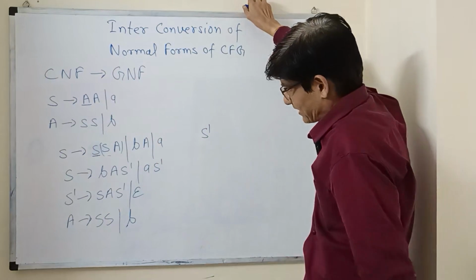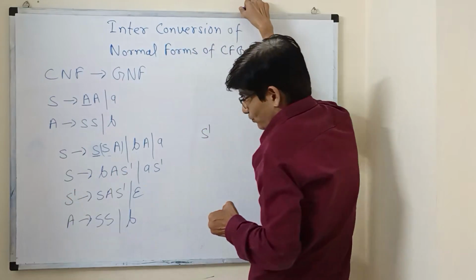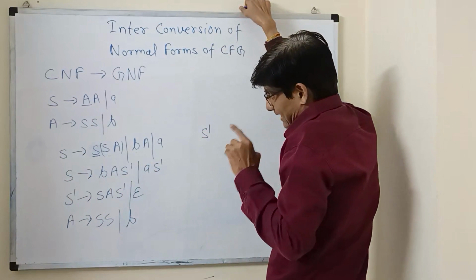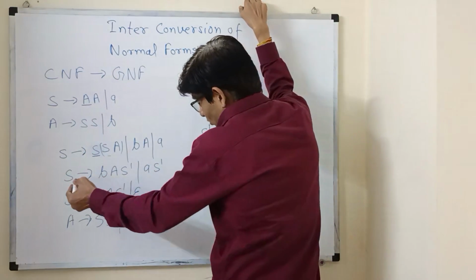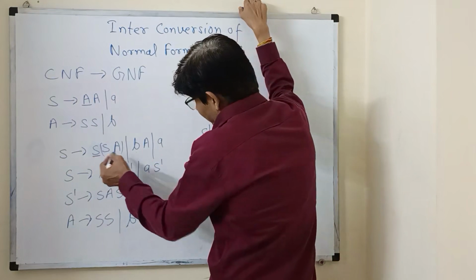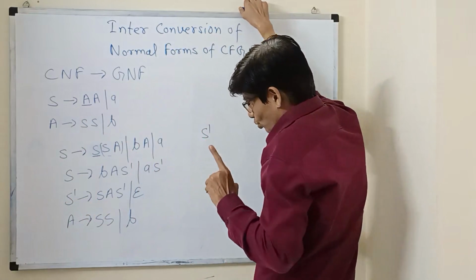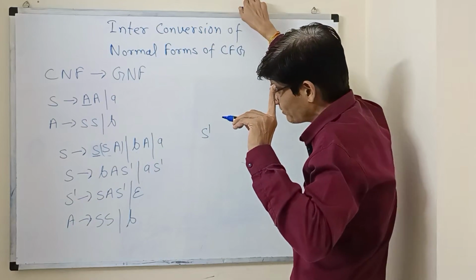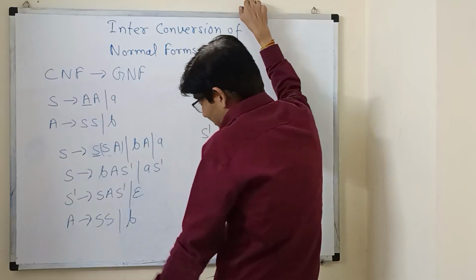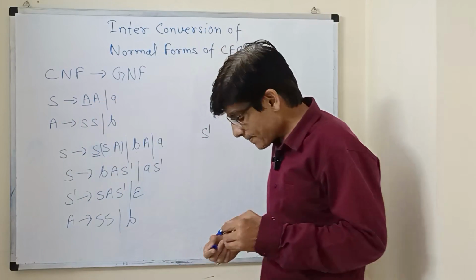Now you can see, my friend, we have added one new variable here, S dash, and we have all the productions of S in GNF. Now this production is in GNF, this production is also in GNF, and the production of S dash is not in GNF. So how will we do it? Now this is having an epsilon production, and as you can see, friend, this grammar is not generating epsilon.